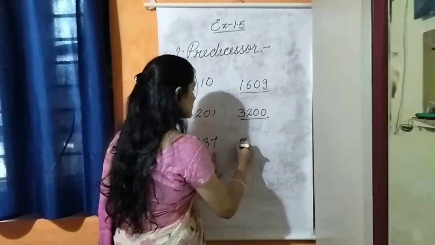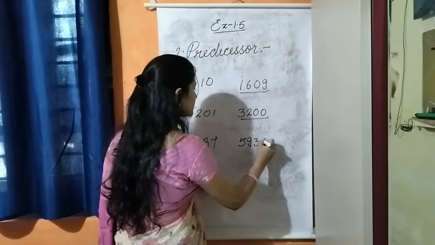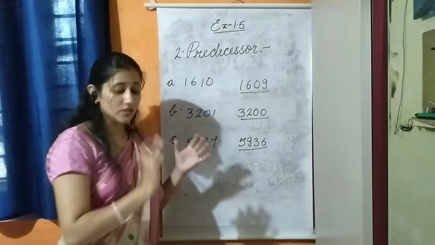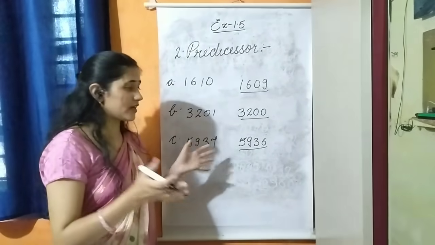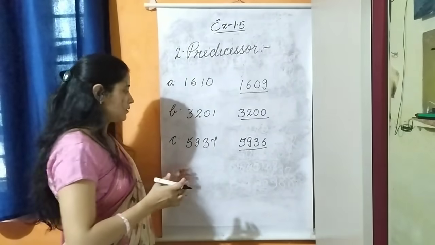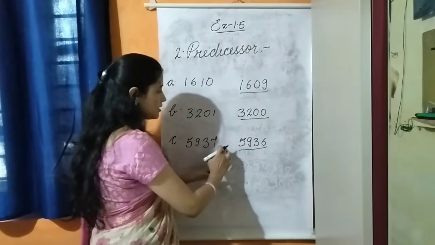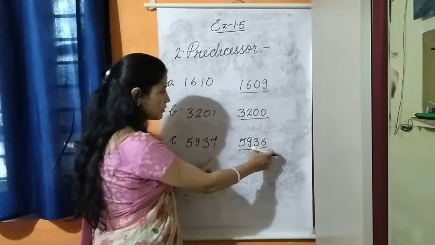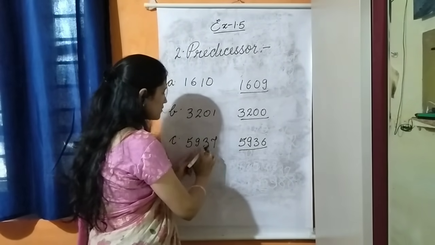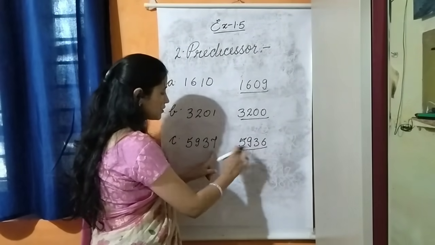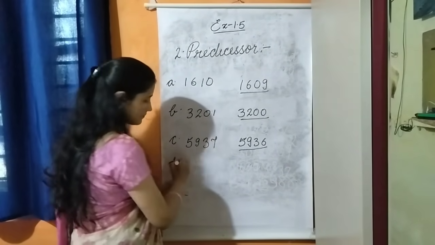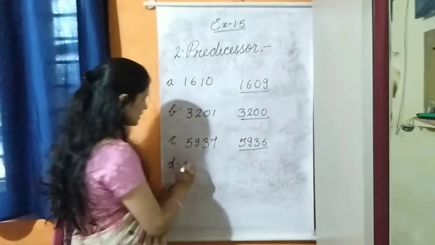So your answer will be 5936. Predecessor is the number which comes just before. For finding the number just before we subtract 1 from the number. Here also you can see, before 7 what comes? 6. So instead of 7 we have written 6 here. 5937, and before that comes 5936.